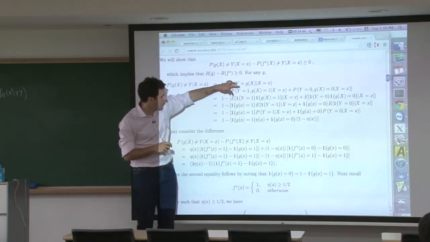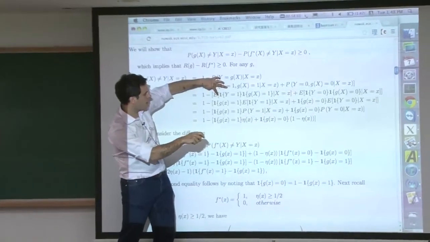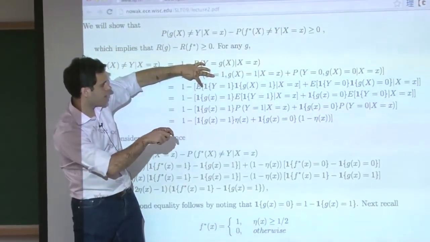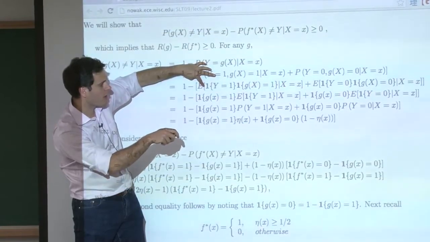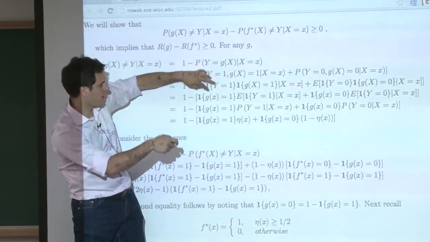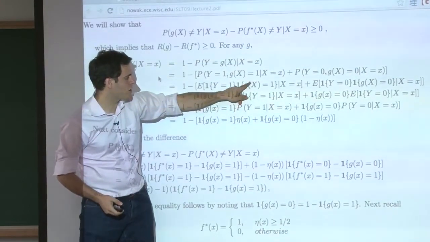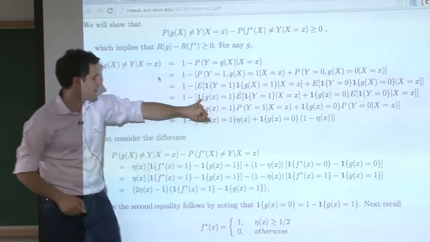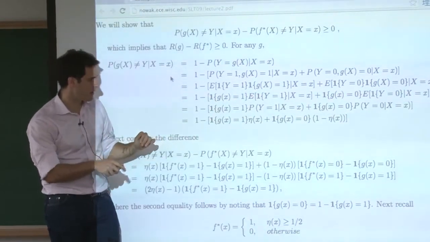If you look at this expectation, only this part is random. This part is not random because we already know what the value of x is. So this is just the indicator of g of small x equals 1, so it goes outside of the expectation. The same thing happens here.